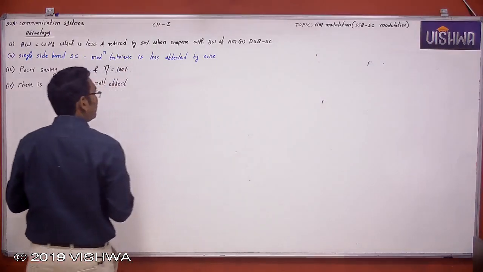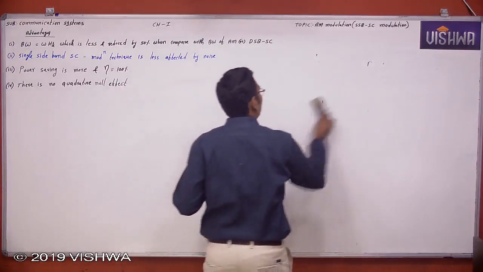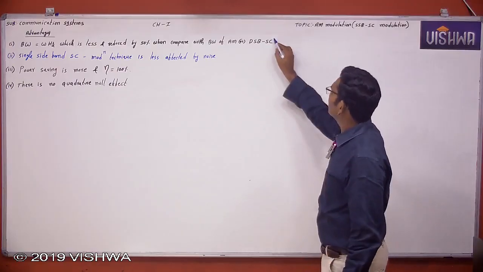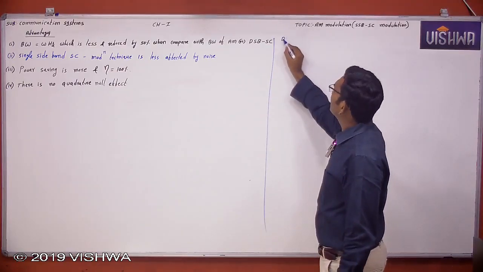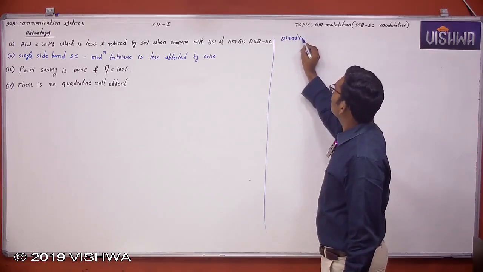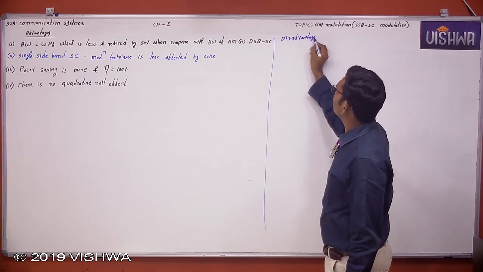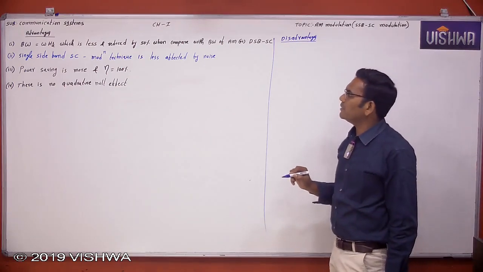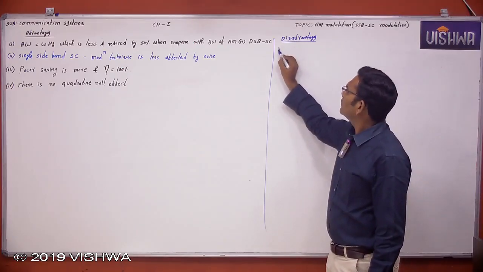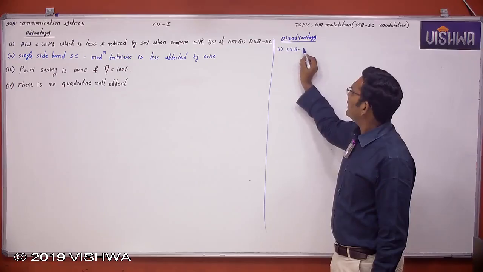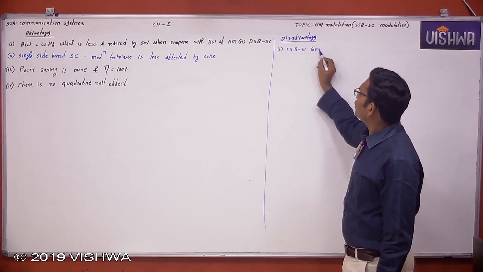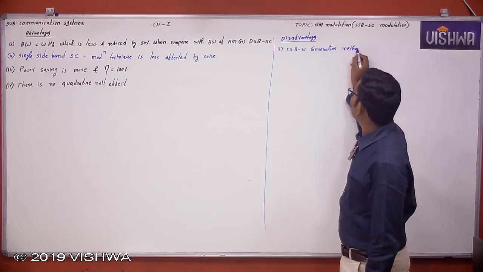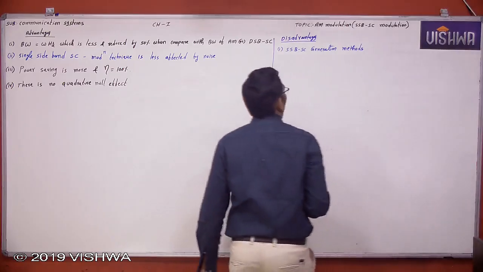So what about the disadvantages? Tell me. The disadvantages of SSB-SC are in the generation methods.